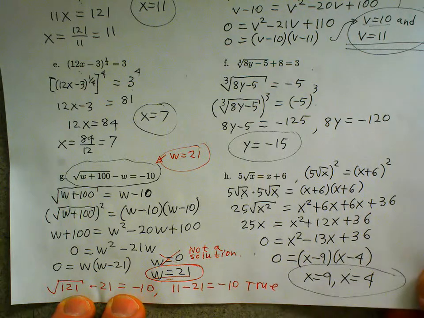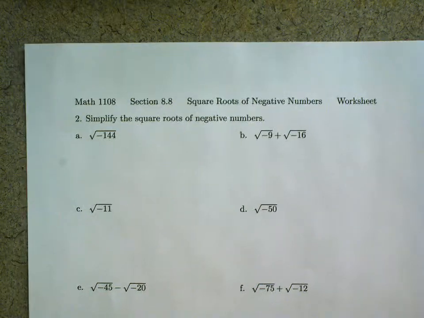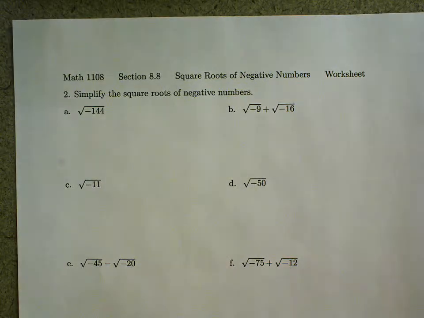Okay, on the next page, let's look at the section 8.8 worksheet. Simplify the square roots of negative numbers. So the first one, the square root of negative 144.